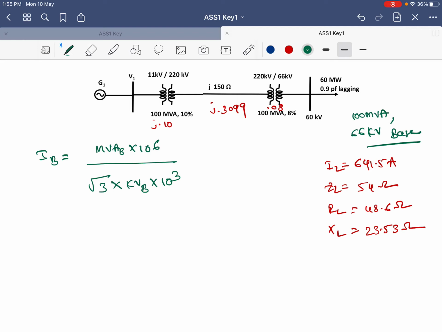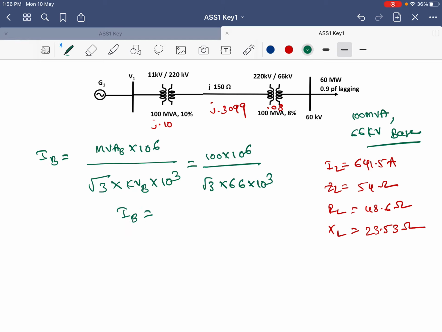IB is volt ampere divided by root 3 into the line voltage, that is KVB. The same equation I have written, just converting into its actual volt ampere and voltage. Therefore, here MVA is 100, so 100 into 10 raised to 6 divided by root 3, KVB is 66 into 10 raised to 3.